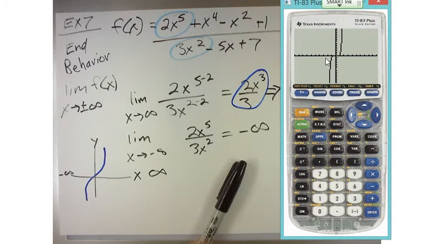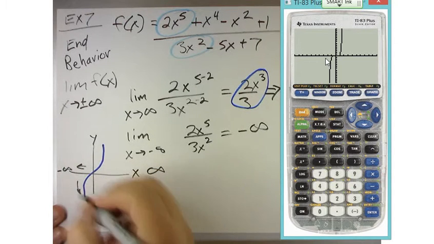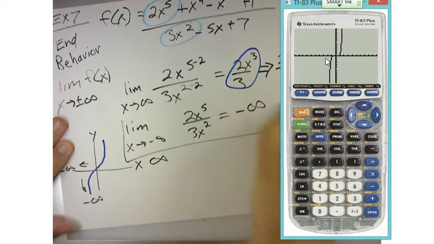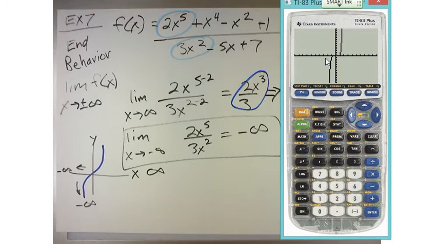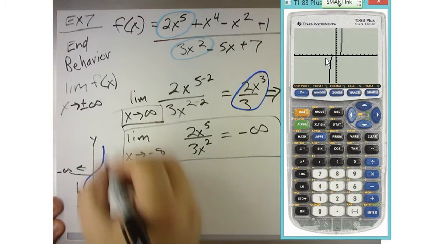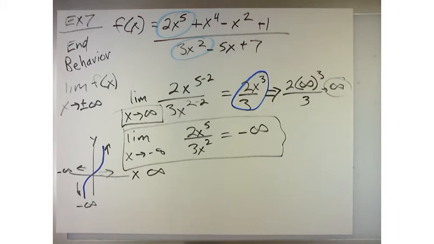But as I approach this way, my y value approaches negative infinity. As x approaches infinity, I go this way, but my y value approaches positive infinity. Does that make sense? Okay, good. That's all you got to do.